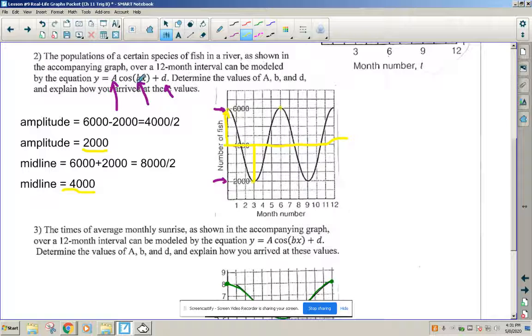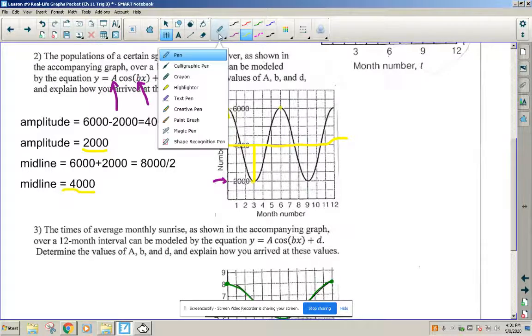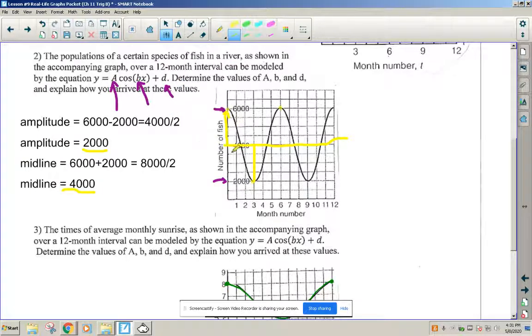But what about the frequency? Well, the frequency, I'm going to use the highlighter for a moment. The frequency, if you recall, is the amount of time it takes for one full rotation. This is cosine. One full rotation of cosine is you start high, you go down in the middle to your lowest point, and then you go back to the highest point.